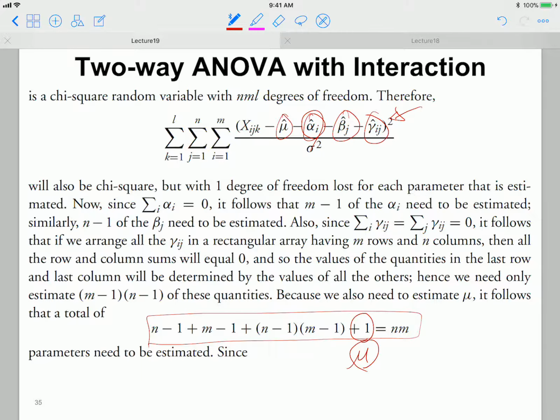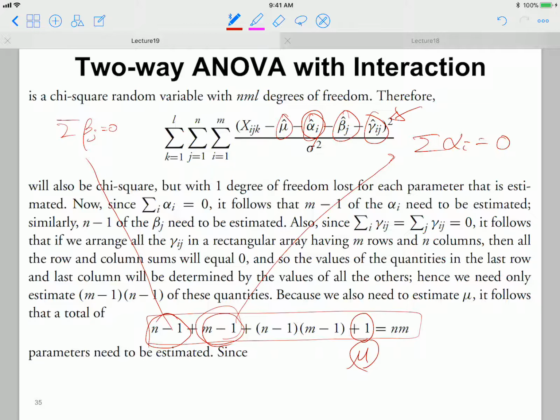We have to estimate the alpha i's, but like what we saw in the previous slides, it has m minus 1 free parameters, because the sum over the alpha i's should be 0. And n minus 1 corresponds to the beta j's.